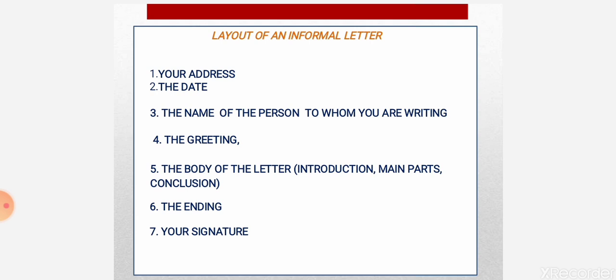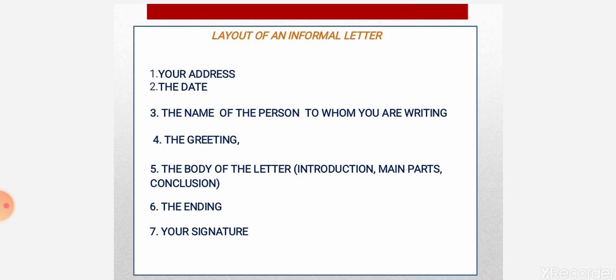You can write in one paragraph. If you feel, you can make two paragraphs to write your message, content, and activities which you want to convey to the person you are writing to.